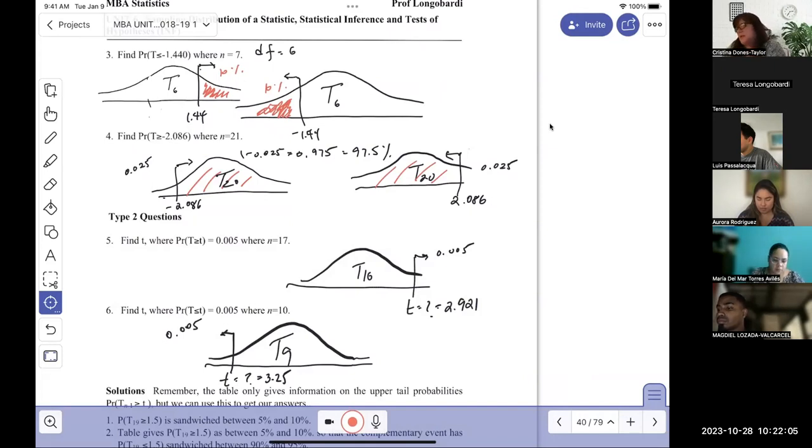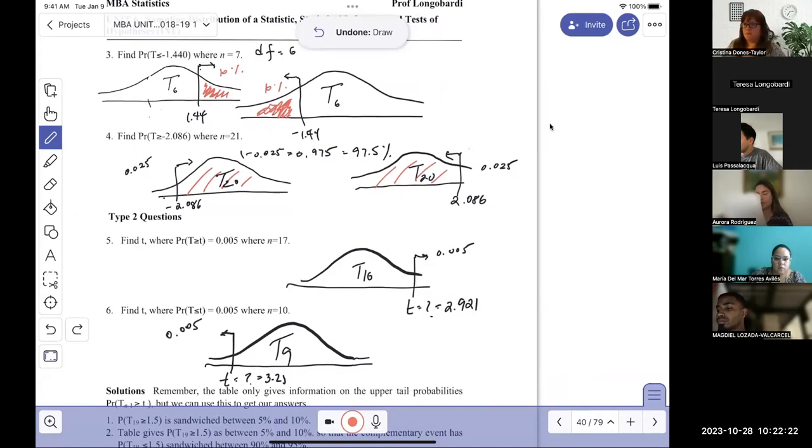And here I'm just interested in the t-score. How many standard deviations are you away? And so this is a negative here. Let me make it clear. This is a negative. That's a very bad way to make it clear. Let me do it again.